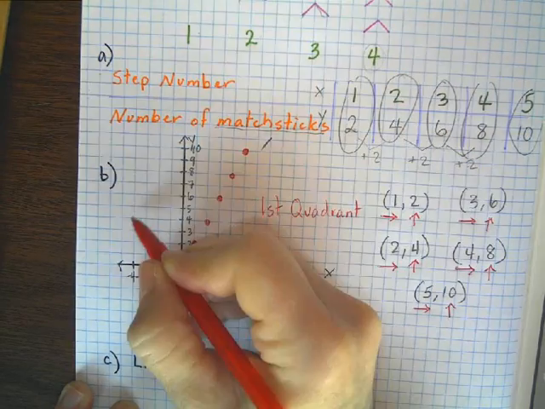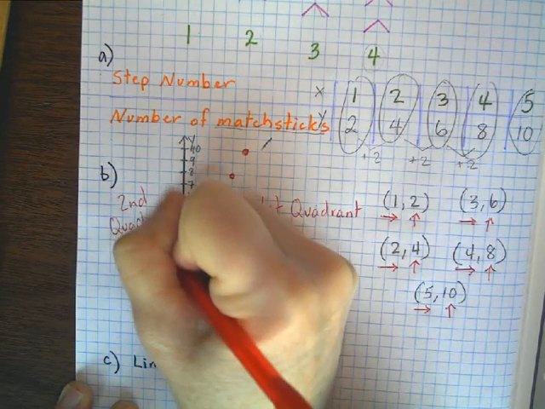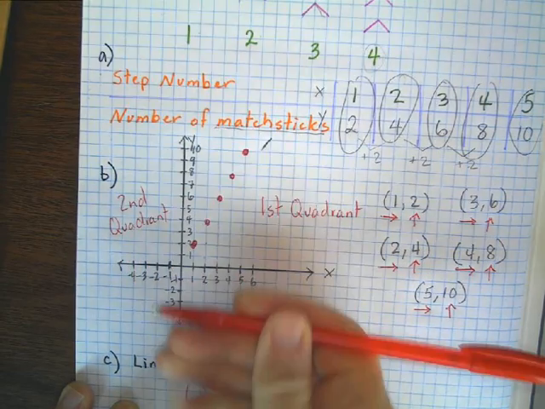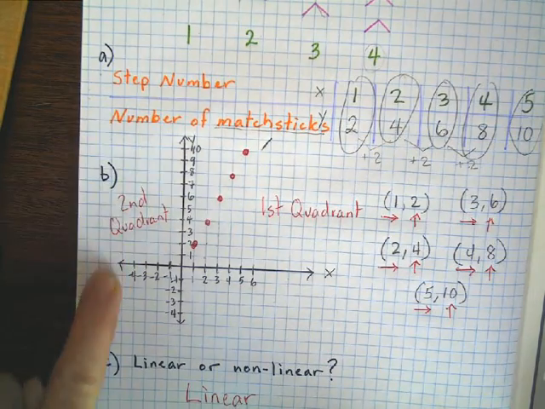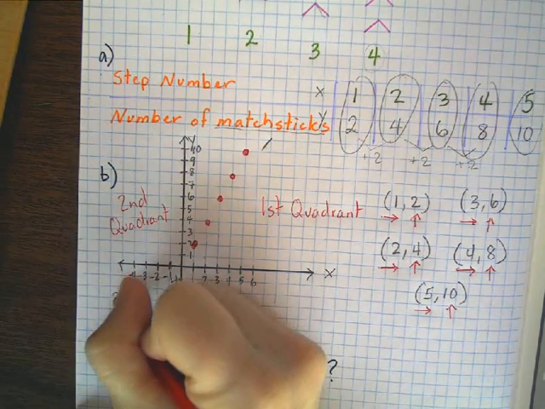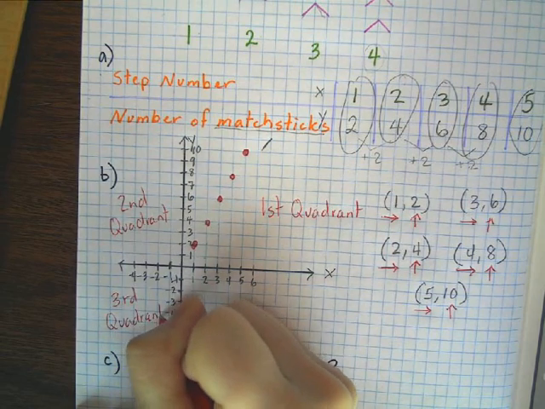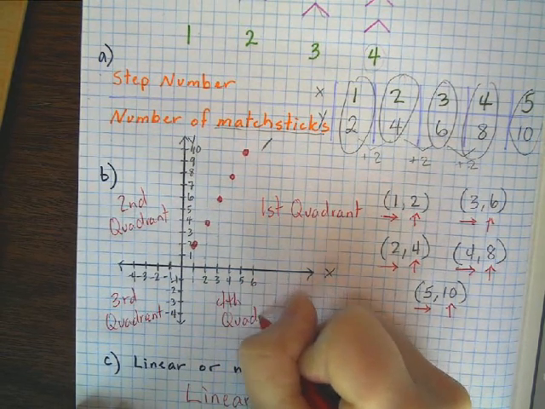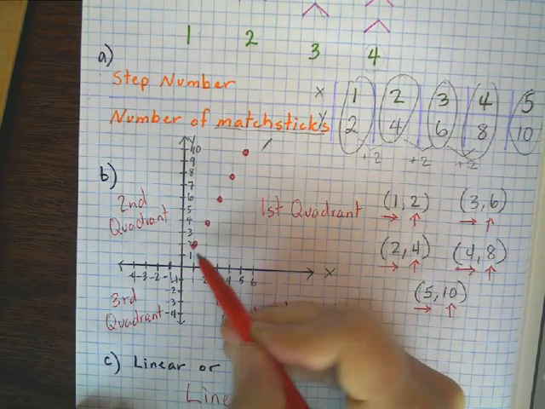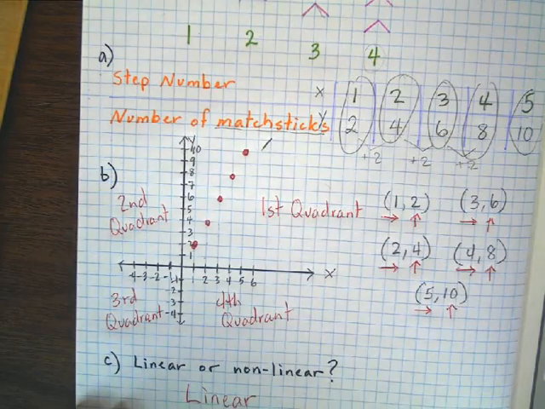This one is called the second quadrant. So we're moving to the left. First, second, third, and fourth. So notice all of our points for this pattern were in the first quadrant.